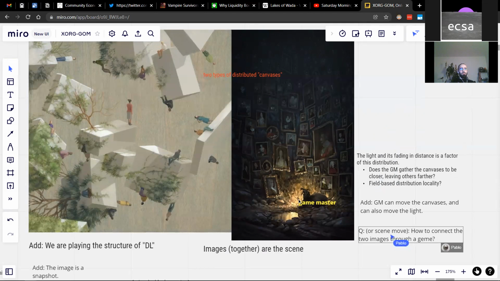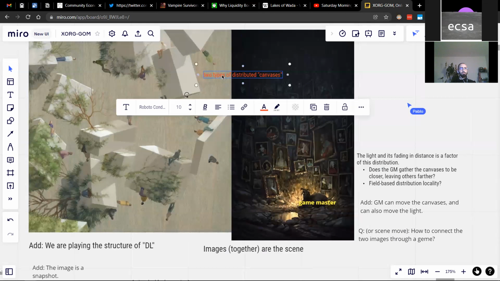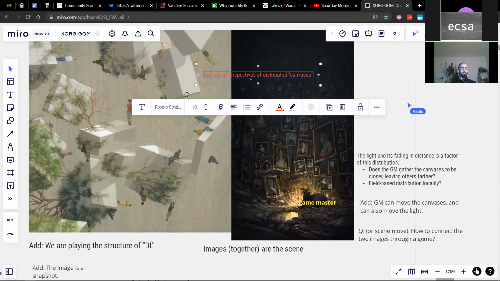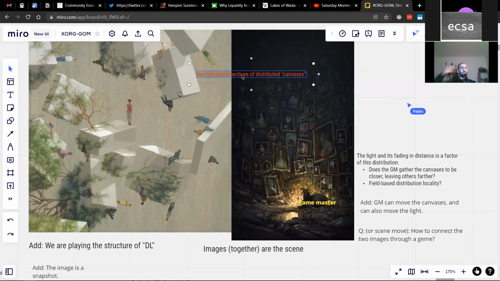So that becomes like now, if we're playing towards these two types of distributed canvases, I'll actually add to that types or perspectives. And with these moves, I'm saying that maybe they are just two ways of looking at the same thing. So a white cube could be a canvas.